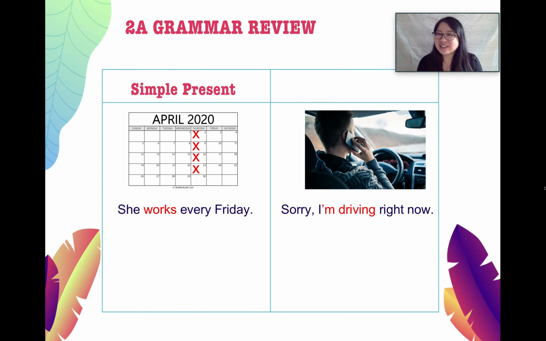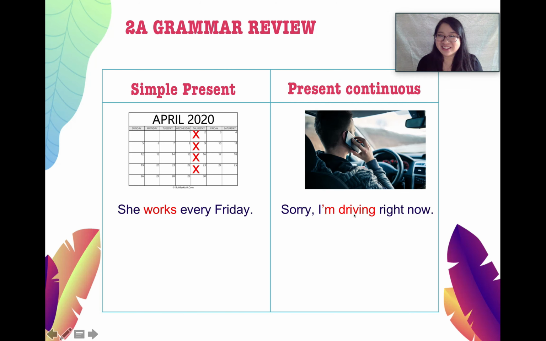Now let's look at the next one. Oh, the next one is present continuous. Sorry, I'm driving right now. In the present continuous, we can see two parts. The be verb, I am, you are, he is, and then our verb with ing. I am driving. You are sitting.